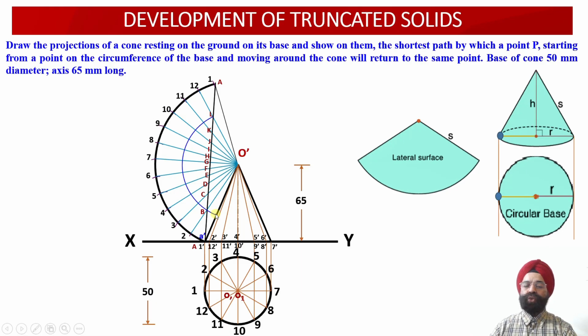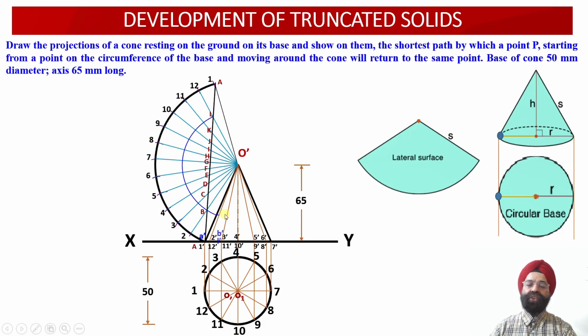Through these 2 points B1' and L1', we draw the horizontal projector line from this true length intersection point up to the apparent length of the slant edges O'2' and O'12'. So now you can check, we have drawn a horizontal projector line onto the apparent length of these slant generators, onto O'2' and onto O'12'.